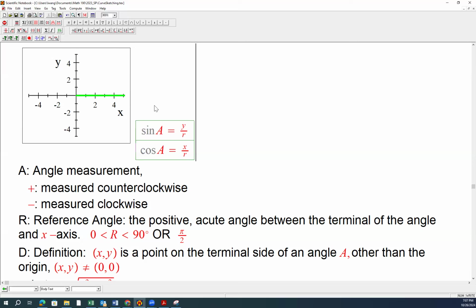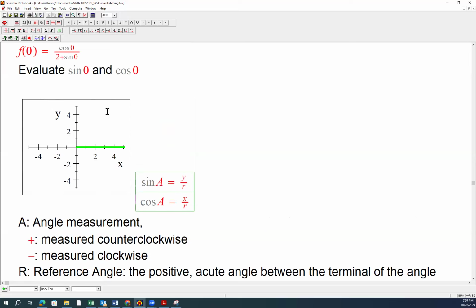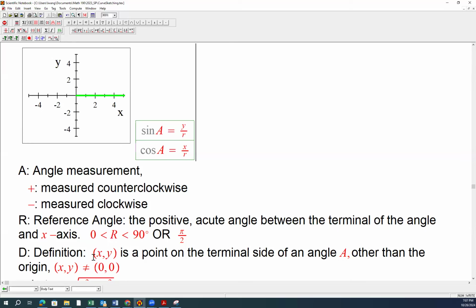Other than the origin, we're going to pick points arbitrarily, okay? It said x comma y is a point. There's no requirement except that x and y cannot be 0. So we can pick any point.